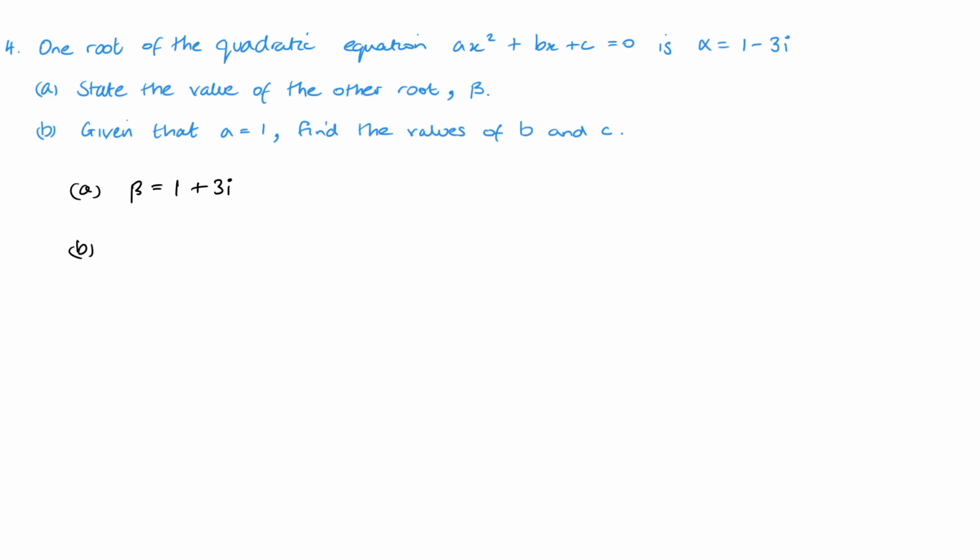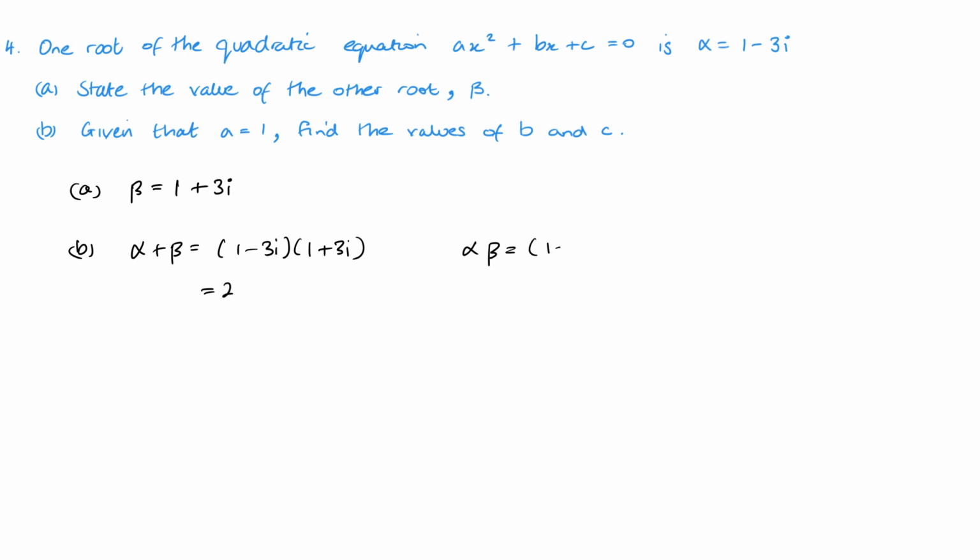Now for part B, we have alpha plus beta, and that is going to be, well, I'll write it out, but it's obvious, isn't it? If you remember, the imaginary part is going to cancel, so this is just going to give me 2.